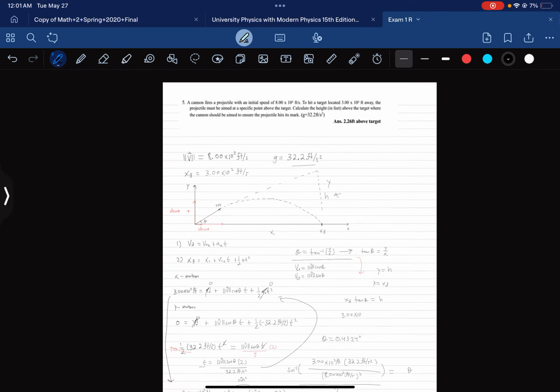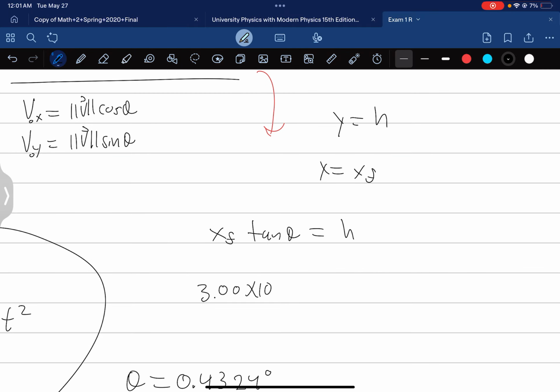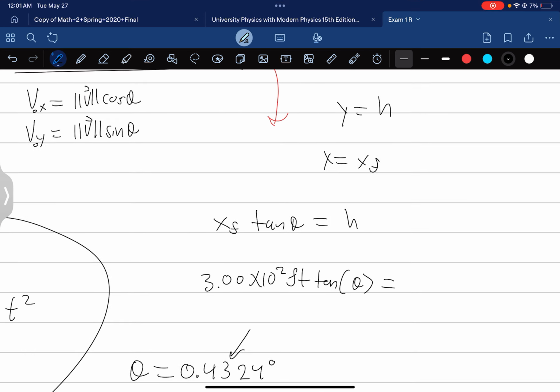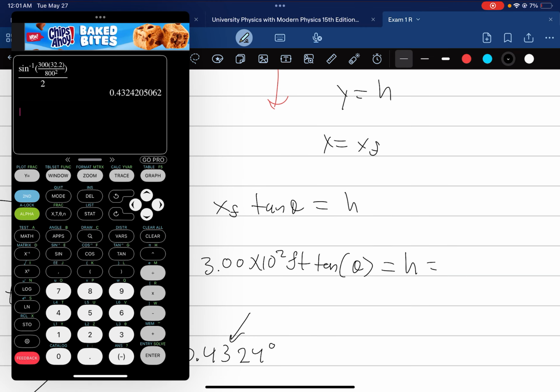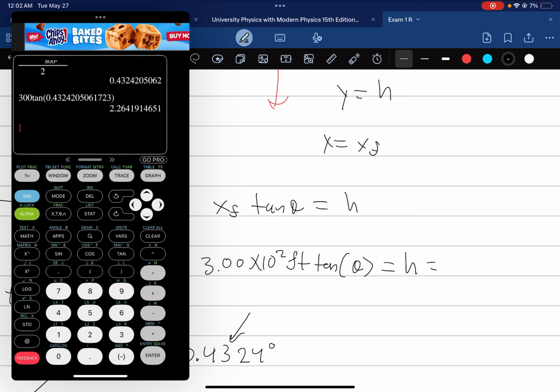The x, basically the distance to the projectile, is just 3 times 10 to the power of 2 feet. And then theta is just this value. I'm not gonna write it, so we'll find our h, which is technically equal to, using our calculator, 300 times tan of theta, plug in our value, there we go.